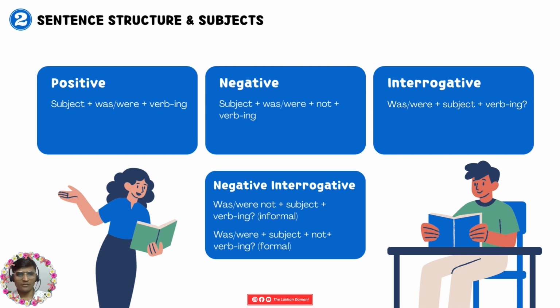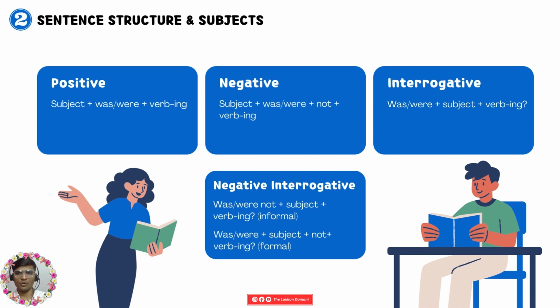For negative: I was, we were, they were, she was, but not. She was not. She wasn't. In contraction, wasn't, weren't. For interrogative, you can add was, were before the subject, and then you have ing.